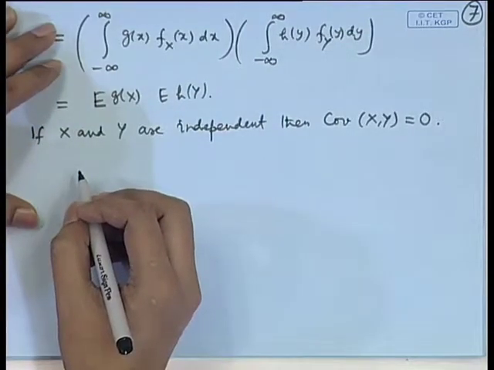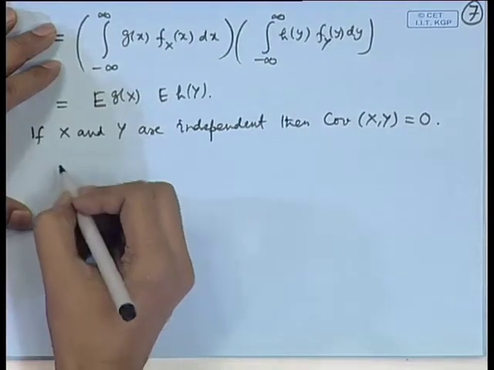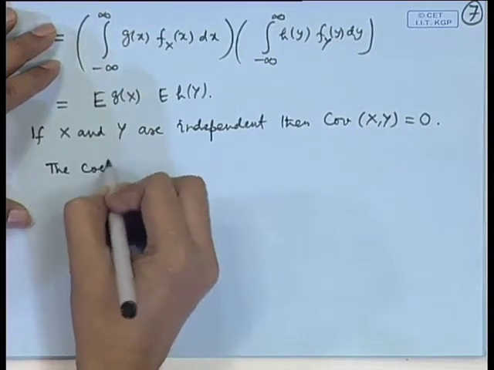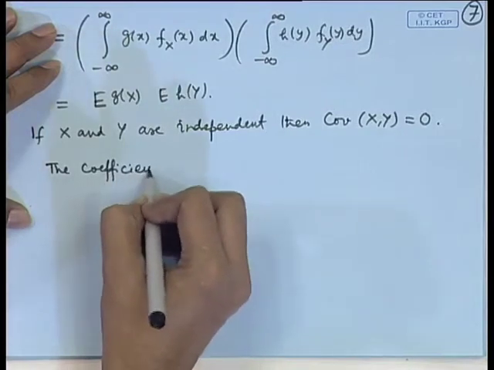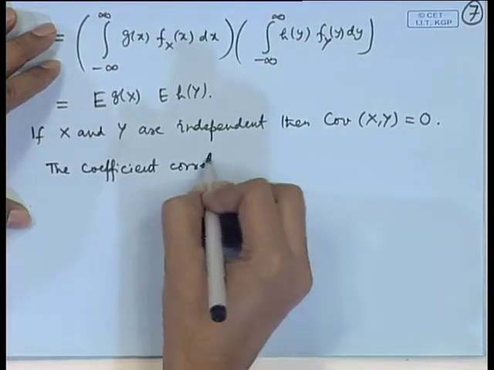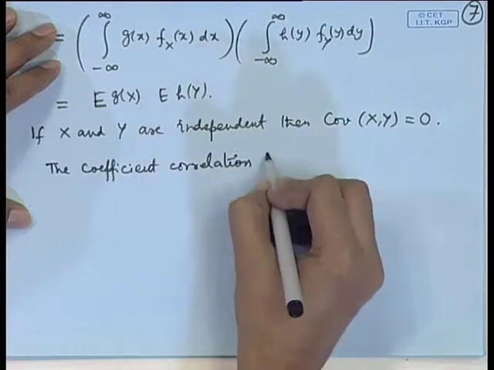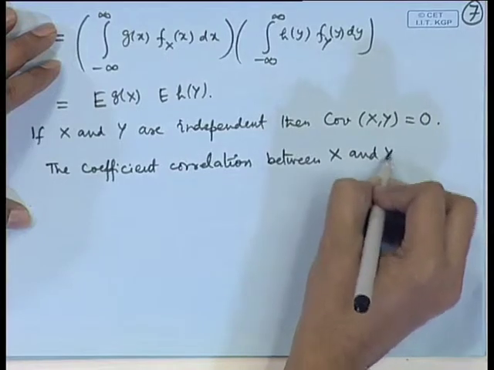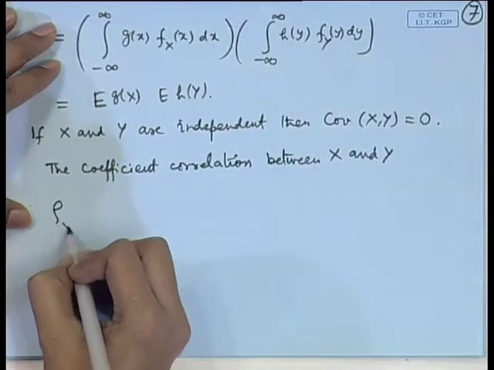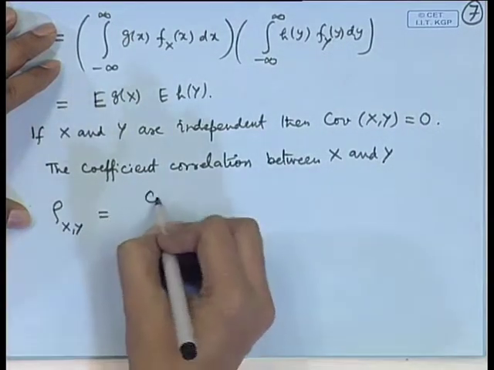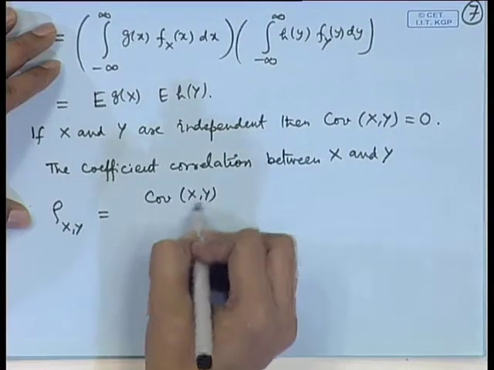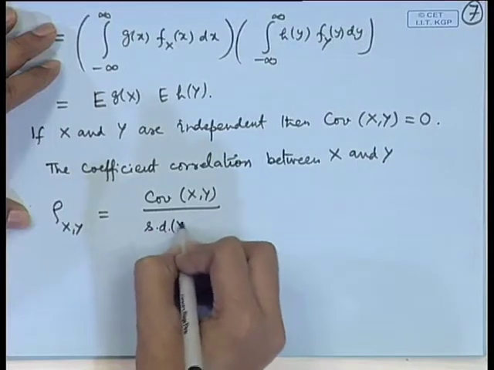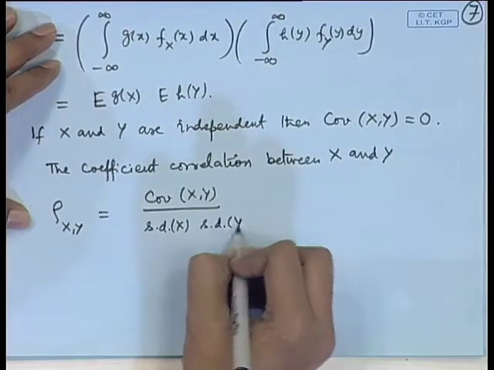Using the covariance, one defines the coefficient of correlation between x and y. We denote rho x y, that is defined as covariance between x and y divided by standard deviation of x into standard deviation of y.